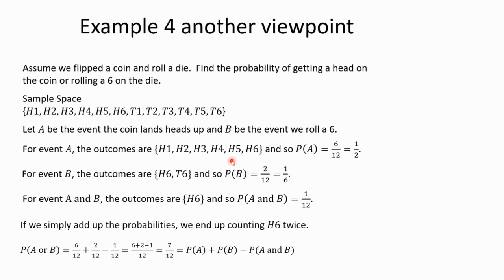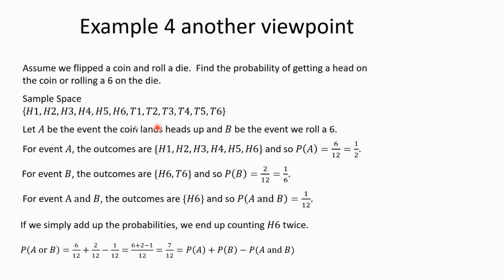We're going to let A be the event that the coin lands heads up. We're going to let B be the event that we roll a 6 on a die. For event A, what are the outcomes? The coin lands heads up, so we have H1, H2, H3, up to H6.